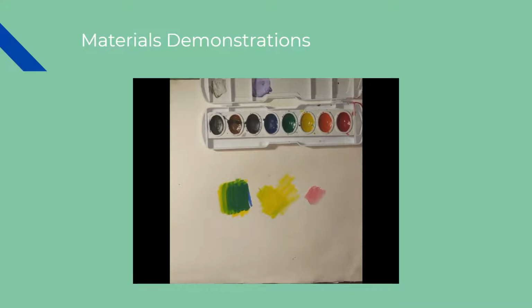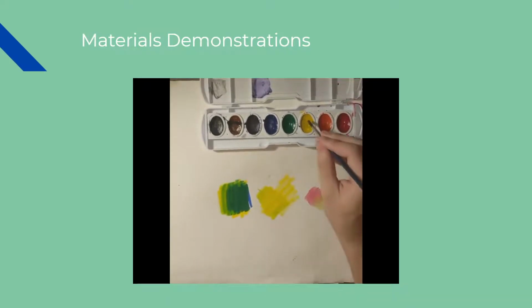And then wash my brush off in some water. And then grab some yellow. Go over it. You can see that it starts to make a nice little orange transition area. And that's because when you mix red and yellow, they become orange. And let me get a bit more yellow so that I can demonstrate that transition a bit better.